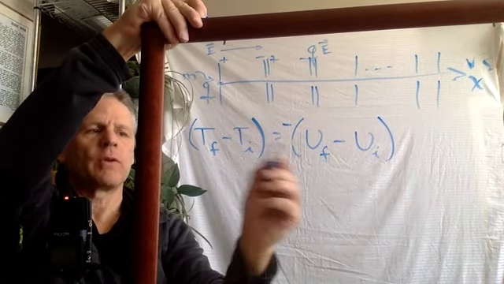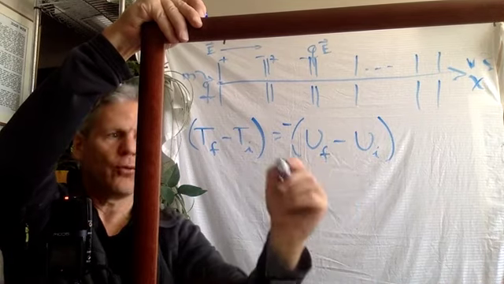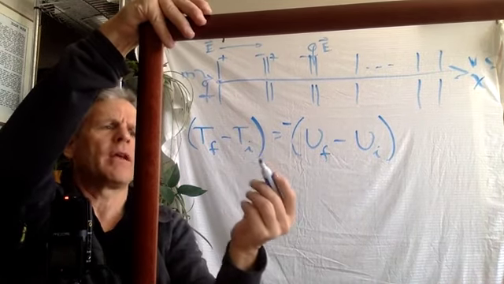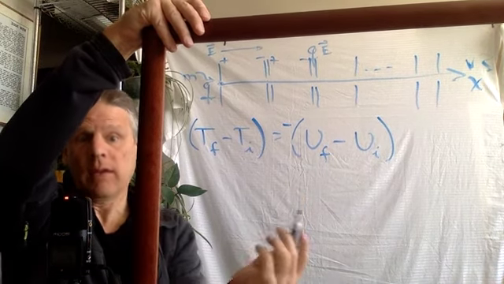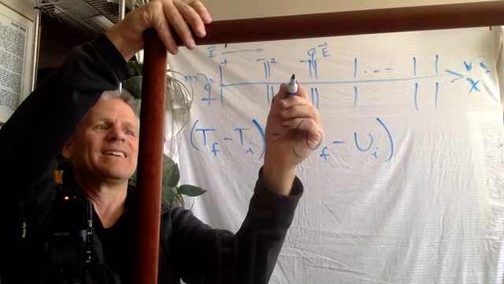In other words, if we gain in kinetic energy, we lose in potential energy. All right, we'll look at this, and do we know anything about the potential energy of this thing? Well, the answer is yes, we do, right? We know that, let's do it this way.